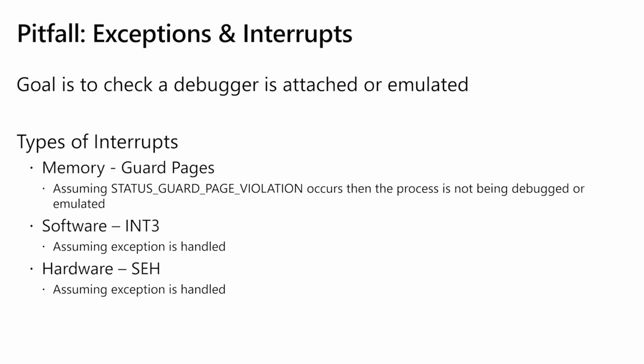Another one is checking the guard pages. I think this is mainly for debugging. If there's no page violation, it's going to say, hey, and this is mainly for symbolic executors and emulators. If there's no page violation, it'll just say, oh, well, I'm not really running in a proper environment. I should just exit out.